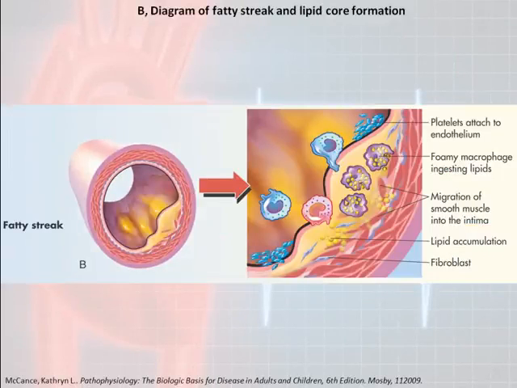As these monocytes make their way over here to the endothelial lining, they change their shape, they change their morphology basically, and they become macrophages. The macrophage gets into the endothelial lining and starts engulfing all of these oxidized lipids.